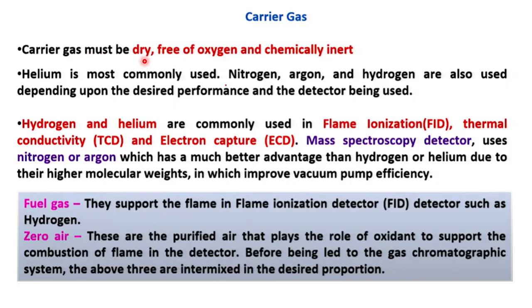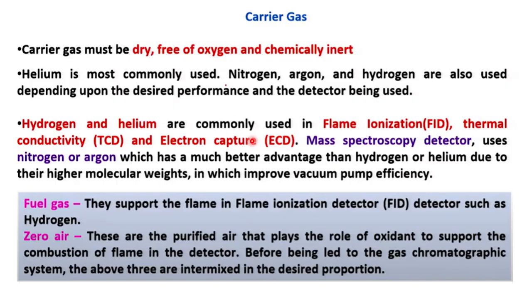A carrier gas must be dry, free of oxygen, and chemically inert. Helium is most commonly used. Other inert gases like nitrogen, argon, or hydrogen are also used depending upon the desired performance of the detector being used.